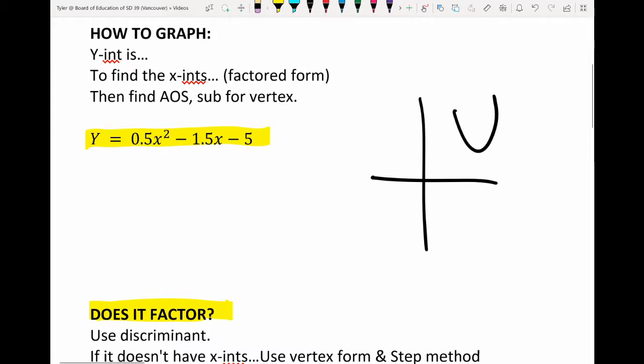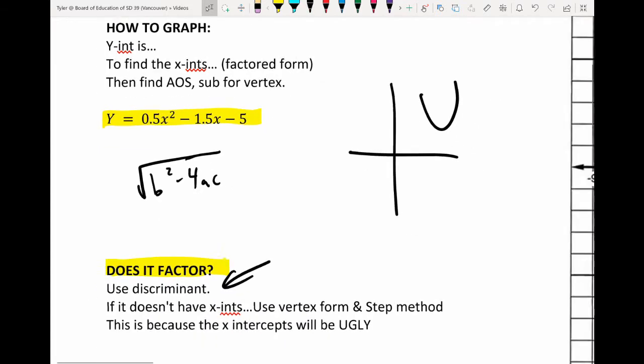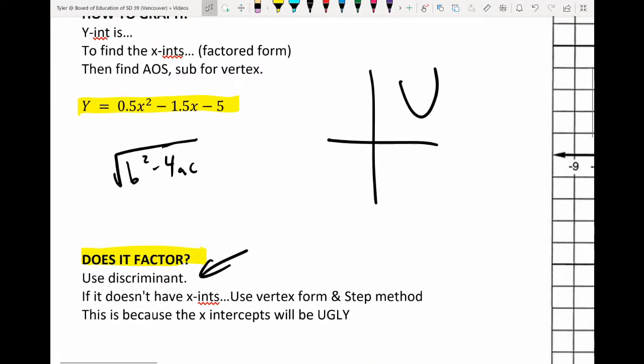So what we're going to do is use the discriminant, which is why we learned how to do that before, right? We're going to do the square root of b squared minus 4ac. Okay? So let's sub in the numbers using this equation.